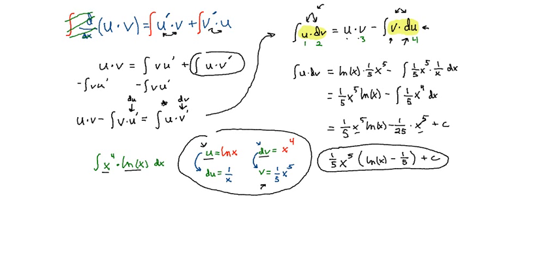I think they may organize them vertically. Whichever one works better for you, it doesn't matter as long as you have all the parts, and as long as you take the derivative to go from u to du, and as long as you take the integral to go from dv to v, then you can just plug all your pieces into here.